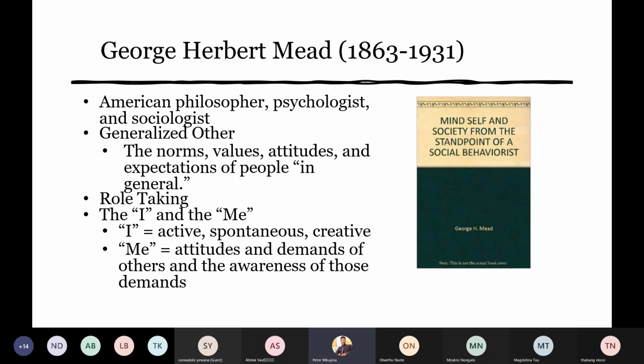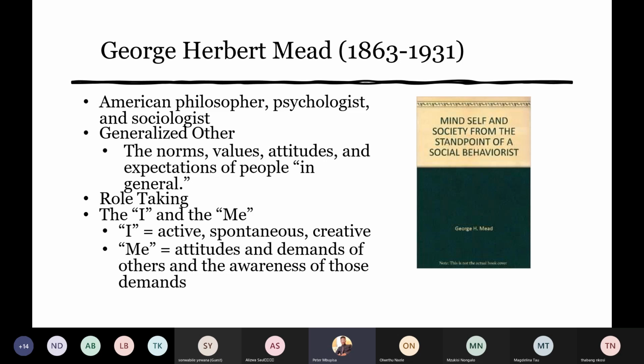He looked at how individuals influence society, how an individual person's norms, values, attitudes, and expectations from other people influence how people behave in different structures, institutions, or groups in society. He looked at the influence of an individual's role in how society as a whole functions.